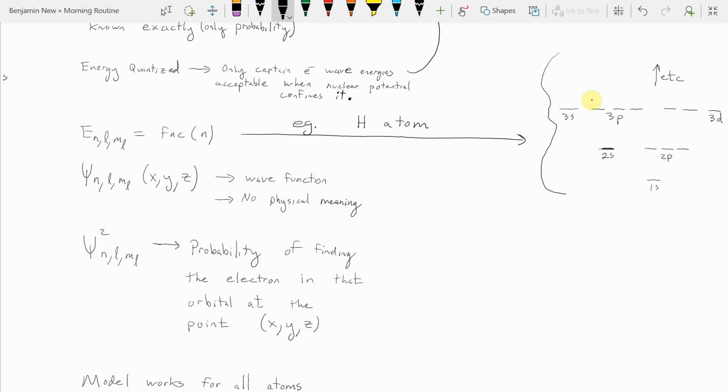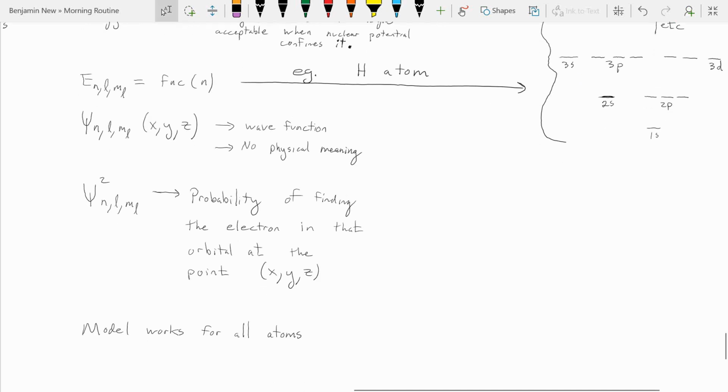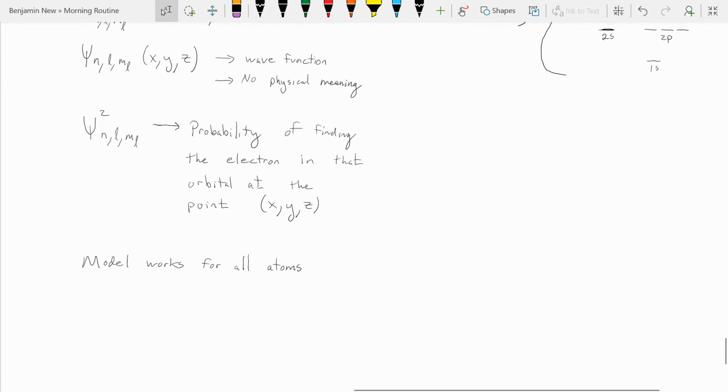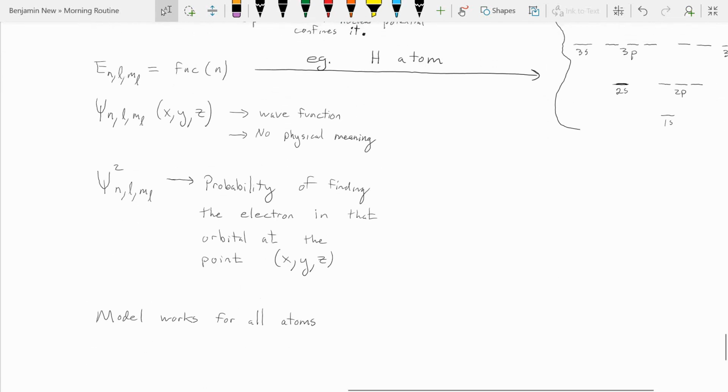This is called the wave function. It has no real physical meaning. It's just a mathematical thing that comes out of solving the Schrodinger equation for the hydrogen atom. But the square of the wave function, psi squared, represents essentially the probability of finding the electron in that particular orbital at that particular x, y, z point in space.